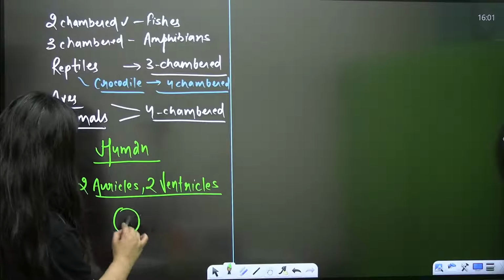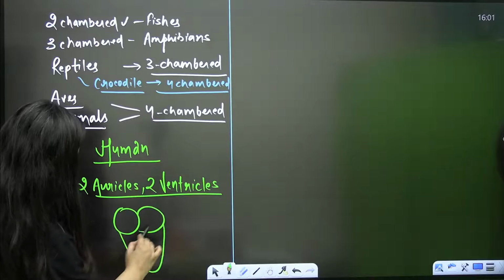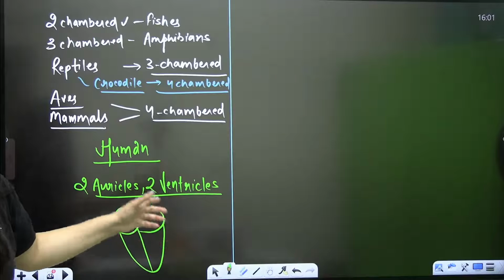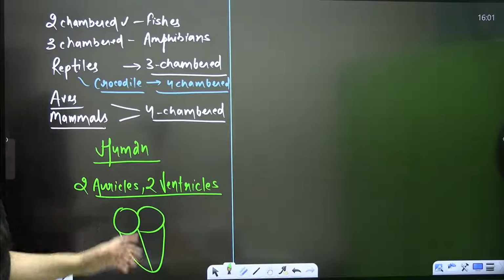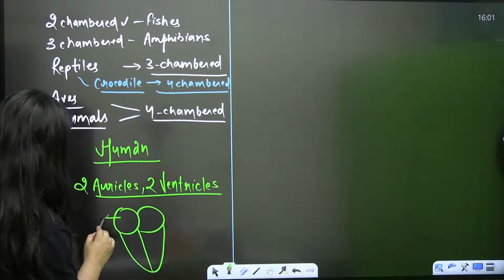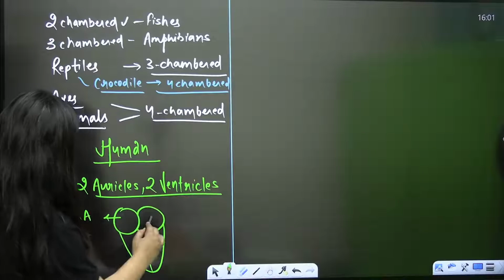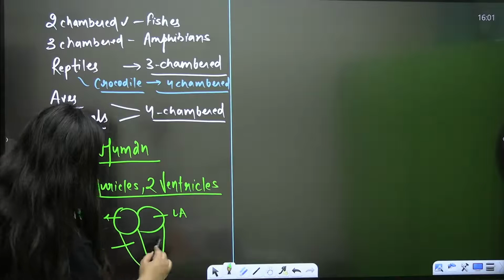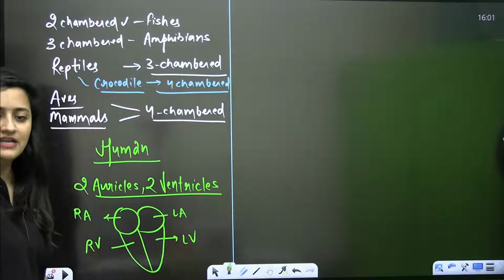Okay, I'll make one very simple diagram. 2 auricles, 2 ventricles. This is going to be the right auricle, this is the left auricle, this is your right ventricle, and this is your left ventricle. Is that clear?